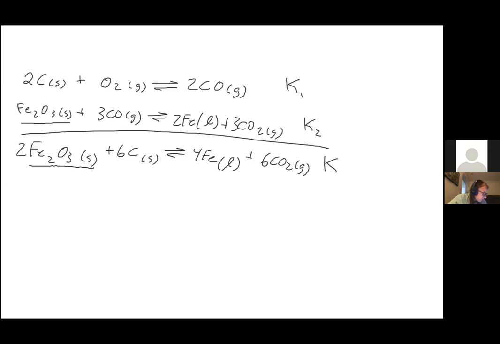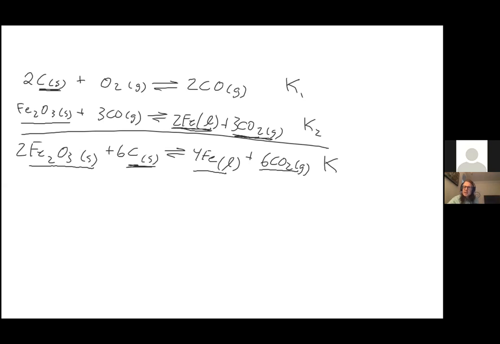There's also carbon in this reaction here, and there's carbon here. That's fine. Then there's 4Fe here, there's Fe here. Same state of matter, by the way, they're liquid. And then you've got the CO2 over here, which is also in this equation.